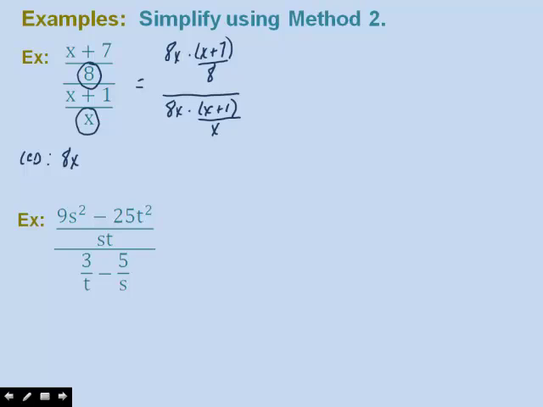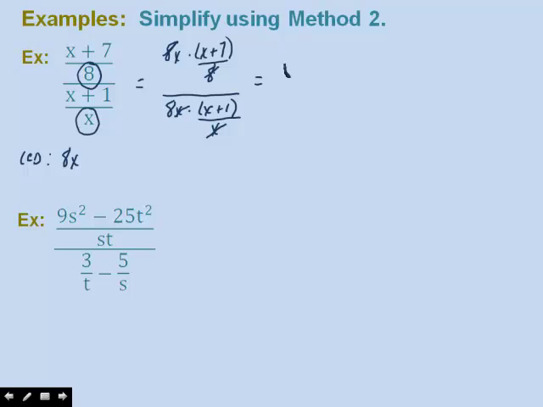Here we have an 8 and an 8 that we can cancel, and in the denominator we have a factor of x and a factor of x that we can cancel. Again, look at what happened. Our denominators within the numerator and the denominator have all been canceled out.